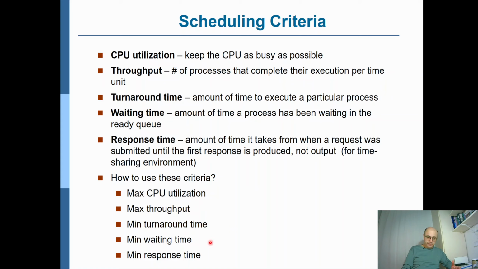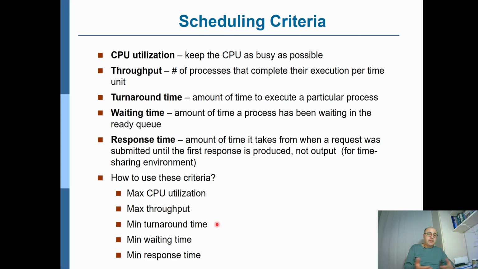For example, to minimize the turnaround time, I could do the following. I accept only one process to the system. So since there are no other processes, that process will be completed in the minimum time that's possible. Therefore, the turnaround time couldn't be shorter because I've dedicated all resources only to that process.